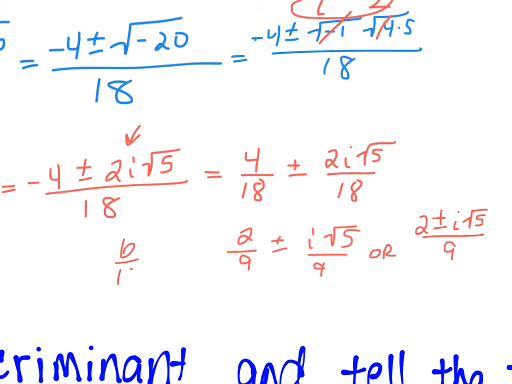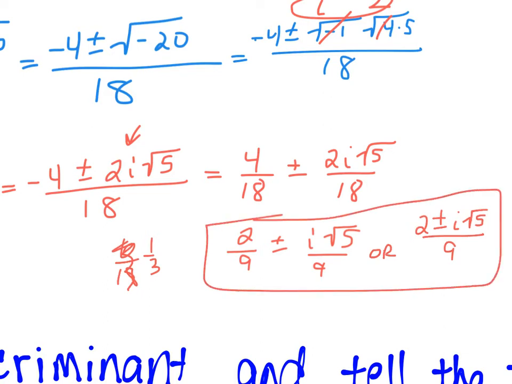If it was 6 over 18, what would that give you? 1 over 3. And then you had this as your second, then you would have to separate it, two separate fractions. But either way, guys, since they both have the same denominator, you can write it either way. But you have to make sure that you simplify.